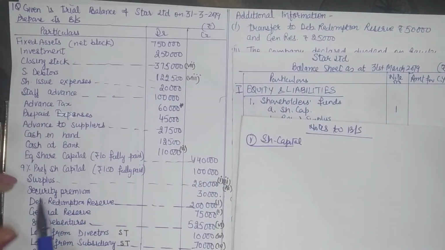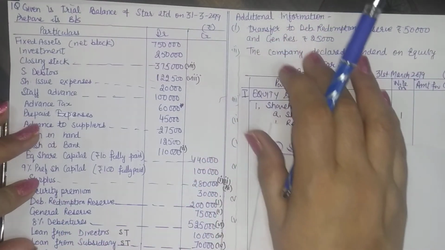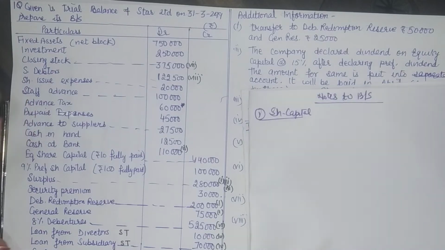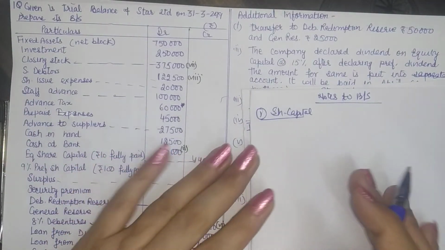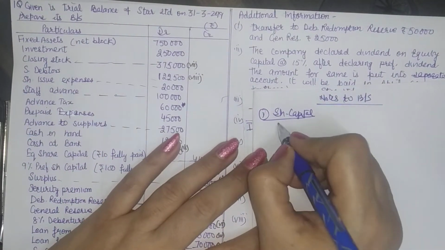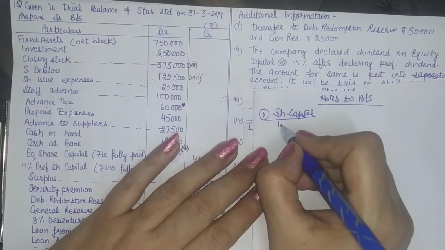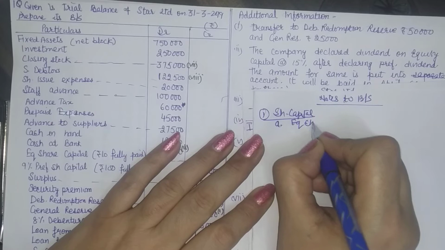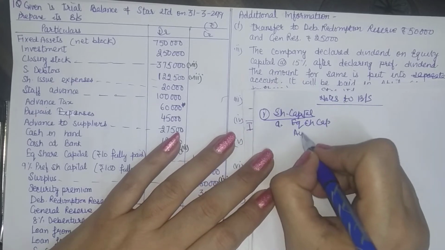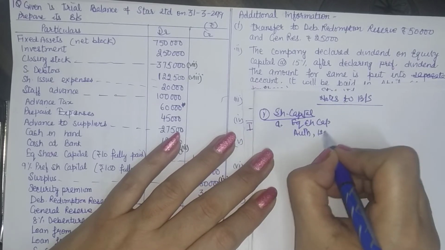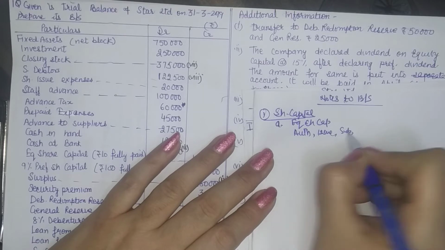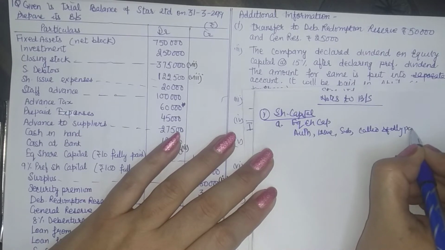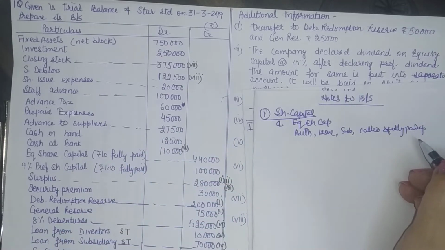So regarding capital, we are given equity and preference capital, and we were given the total capital authorized, issued, etc. So we will just record this much. We are not to dwell on further issues. So equity share capital, we can say authorized, issued, subscribed, called and fully paid capital, because we are not given arrears.